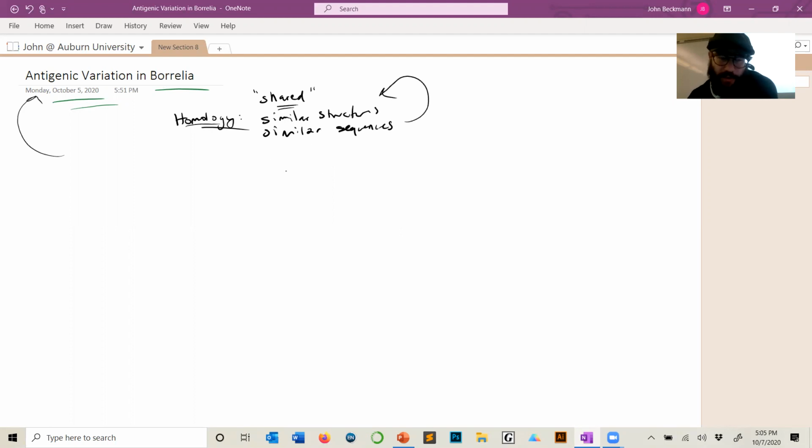And the reason shared is good is because most of the time we're talking about shared ancestry. So if you have two different things, X1 and X2, when we're talking about homology, these things are homologous, they're similar, and they're probably derived from a common ancestor, X0.